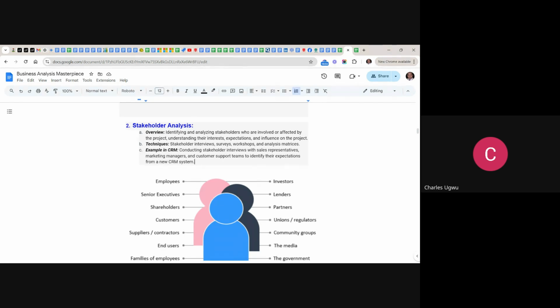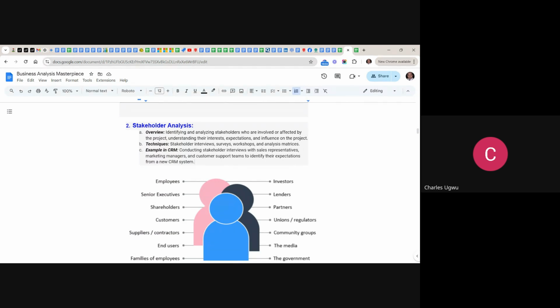Maybe they are channeling their campaign on Instagram and Facebook. It's not a must that you integrate. So you might be integrating the wrong application. That is what I mean here by interest and expectation.